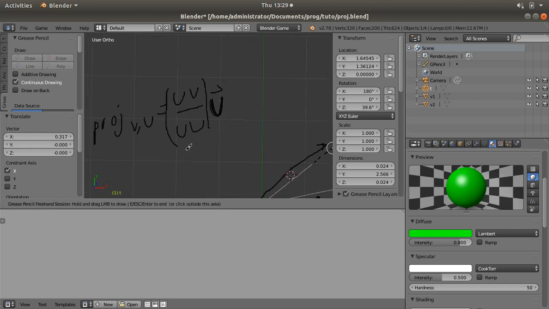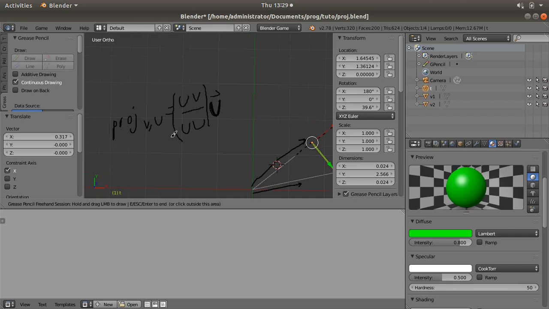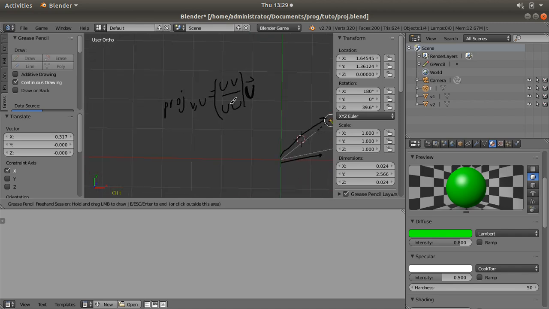But here in the denominator, you're actually dividing out the magnitude of that vector. So remember, the root of u dot u is equal to the magnitude of u.